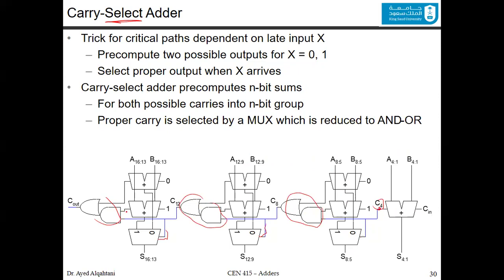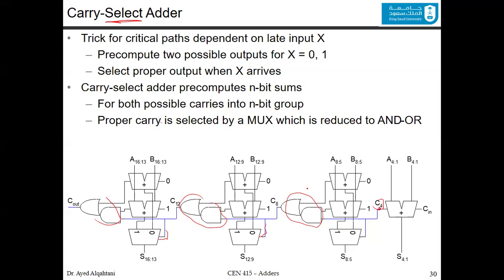This is the carry select adder. So you pre-compute 2 possible outputs for the carry being 0 or 1. And then when the carry is available, it's a matter of selection. So it pre-computes n-bit sums. So you do the pre-computation here, and for both possible carries into n-bit groups, you do this.